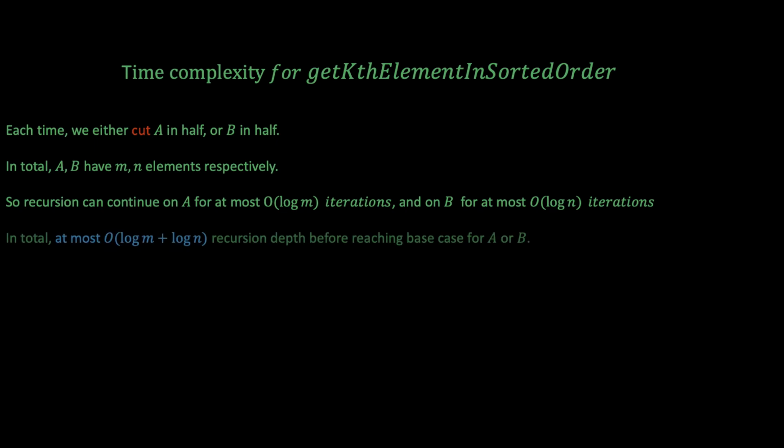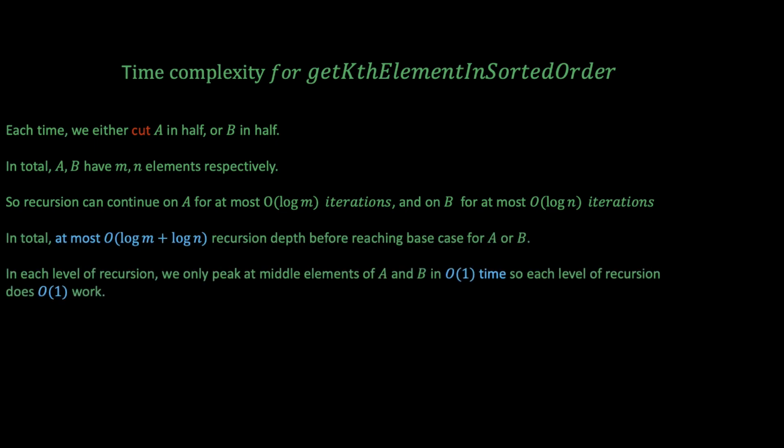So the depth of the recursion is at most O(log M + log N). In each level, we only peek at the middle elements of A and B, and do other O(1) calculations. So each level of the recursion does O(1) work. This means that the algorithm really only needs O(log M + log N) time and space.